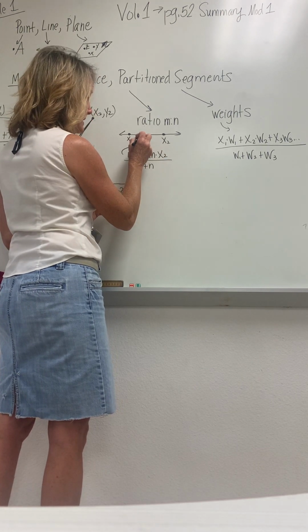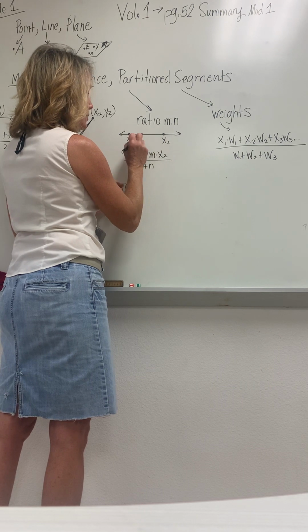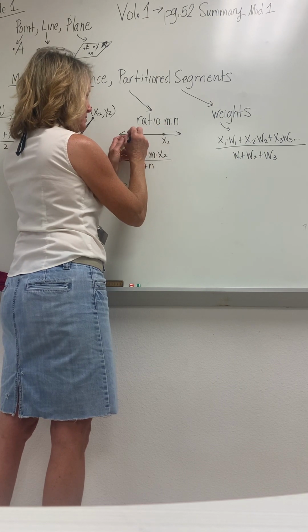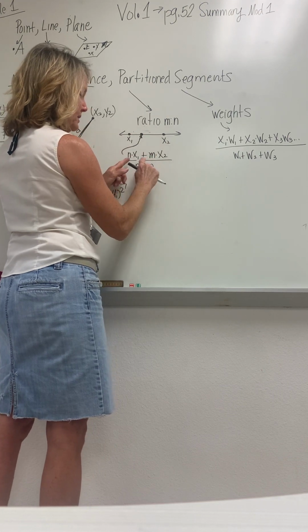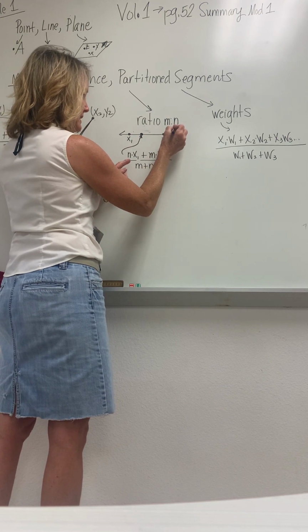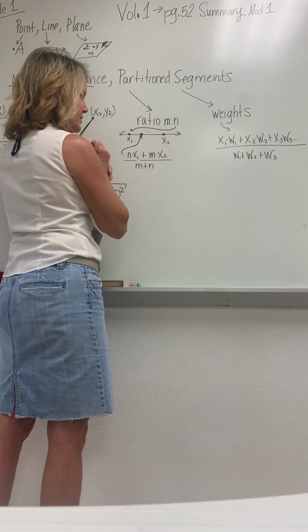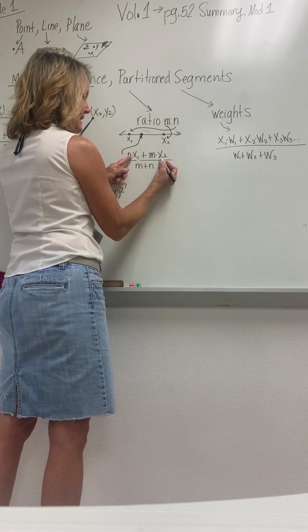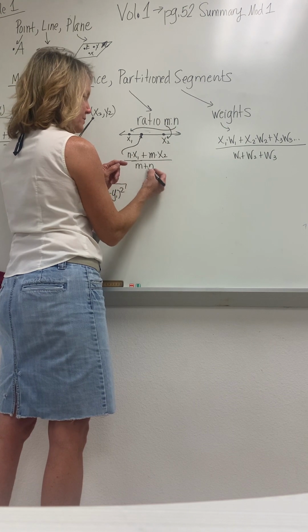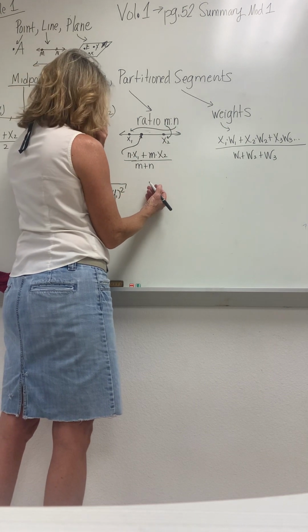If you want to find a point between 2 others so that it splits them up into an m to n ratio, this is the formula that you use. n gets multiplied by the first value and m is multiplied by the second in the ratio, and then you just add those 2 quantities together.